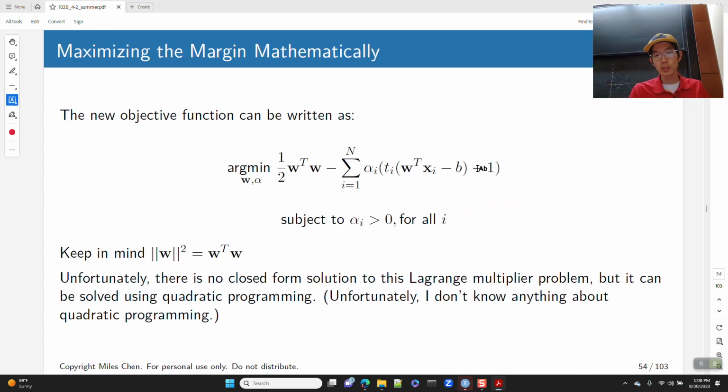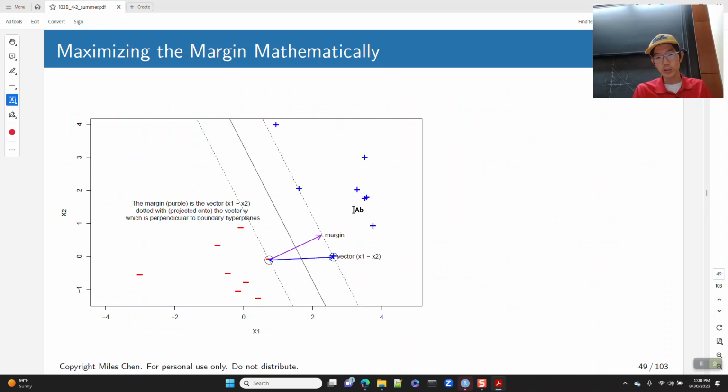Because remember, the way we found this margin is we said, okay, these are the two points, x1 and x2, that are on the border, and they're going to define this. But when you have the entire series of points, you don't actually know that these are the two that are closest. So as it's searching, it's going to have to test this point against basically every other point, this minus sign against every other point, and it does this for all data points in your data set.